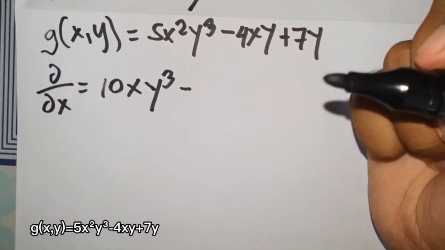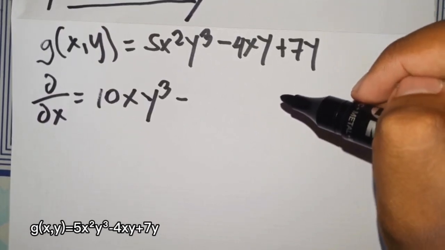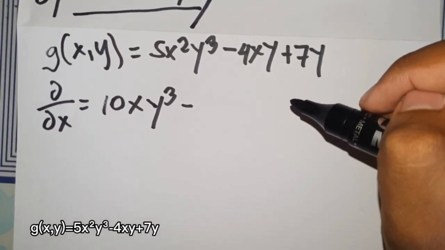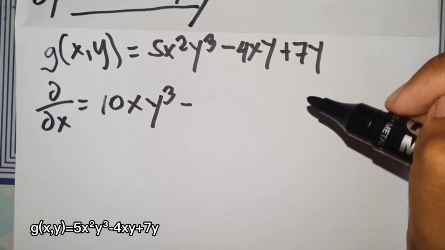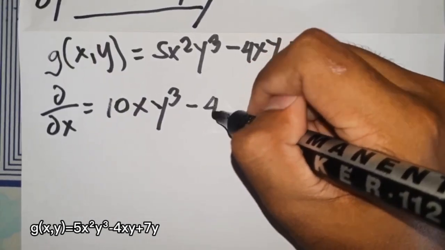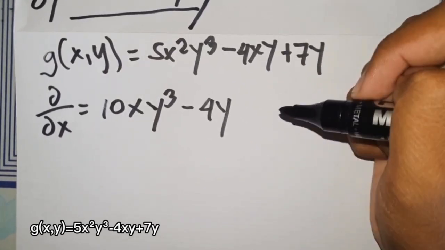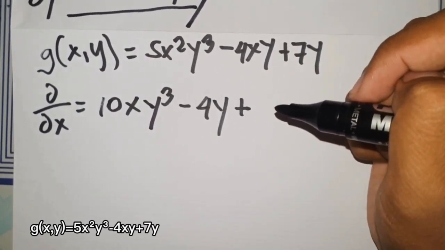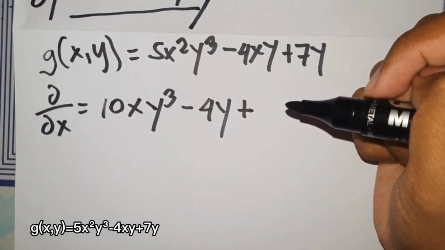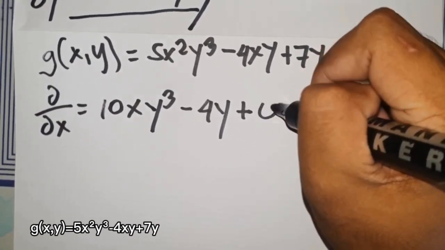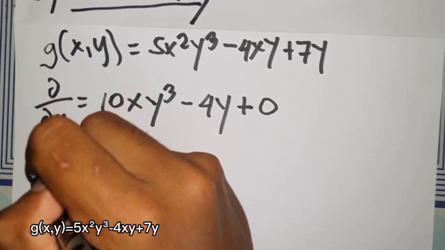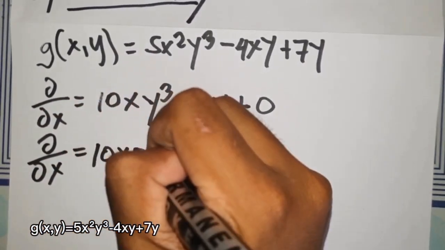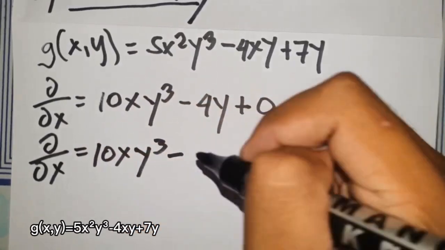Second, the derivative of negative 4xy with respect to x. Here, negative 4y is treated as a constant, so the derivative with respect to x is negative 4y. Next, the derivative of 7y with respect to x. Since 7y does not depend on x, its derivative with respect to x is 0, leaving the answer with respect to x: 10x y cubed minus 4y.